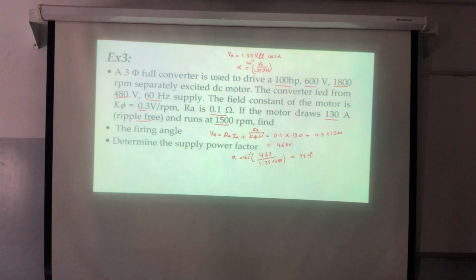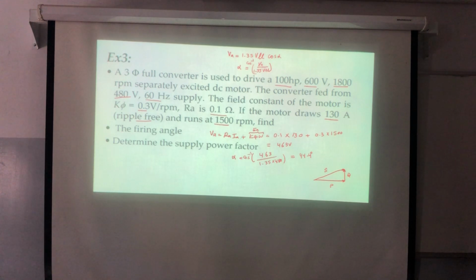Now the second thing I need you to calculate is to determine the supply power factor. How can I find the power factor? Do you remember the power triangle? We have Q power, and I need to calculate the input side, correct?